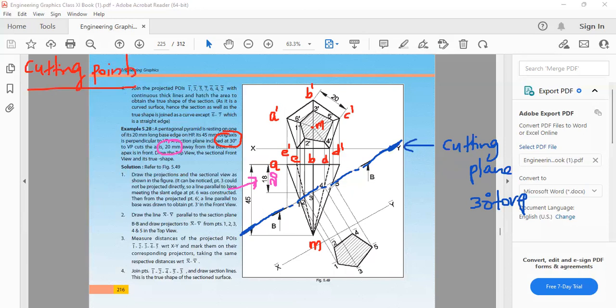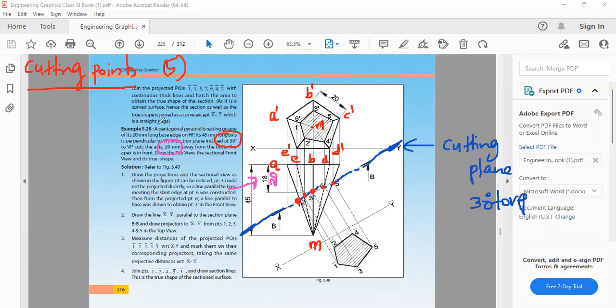Okay, one minute. I will change the color. I will take red. So here one slant edge, another slant edge, another, another, and another.